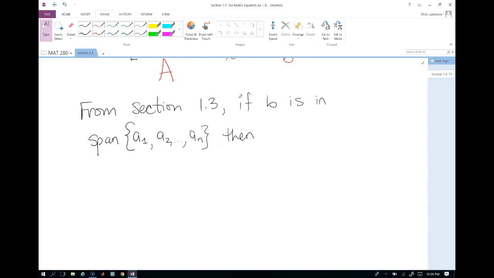So with this kind of variable notation where we don't really know what these numbers are yet, we said that this would be true if AX equals B, which is another way we just learned how to write this, is a consistent system. And that means we are able to find a solution.